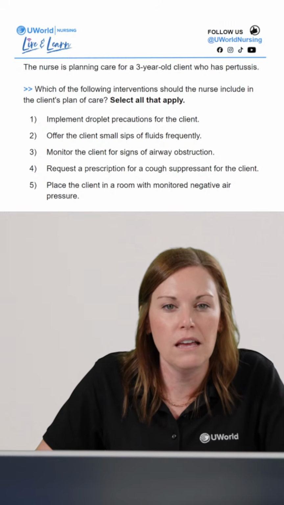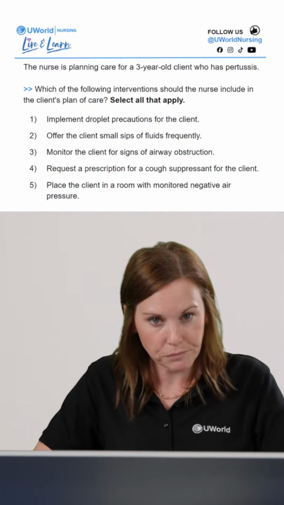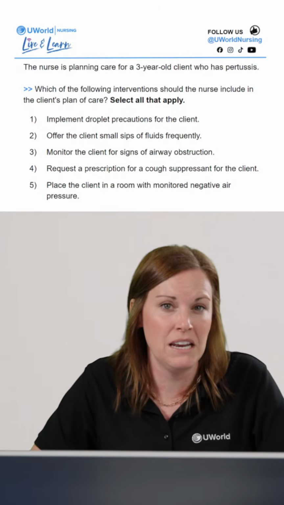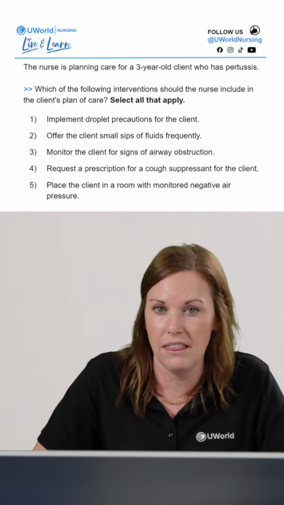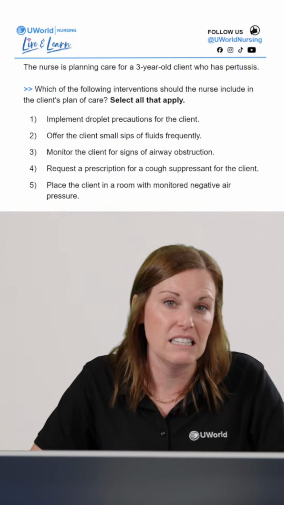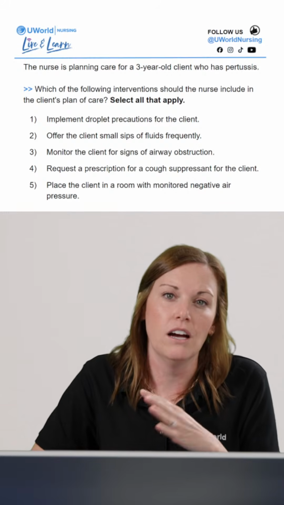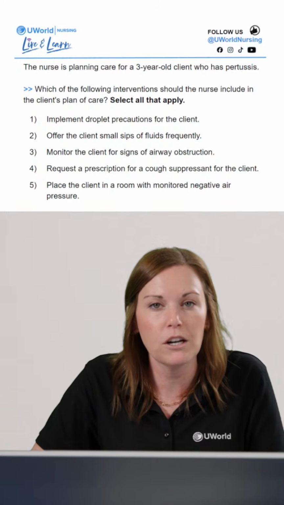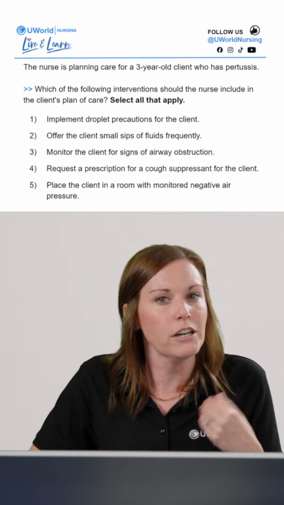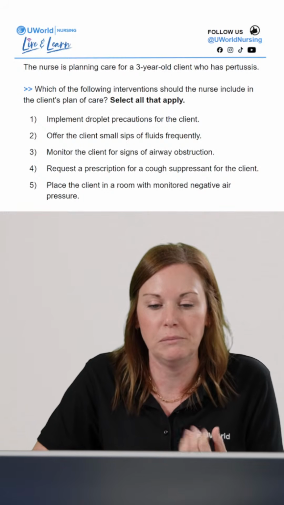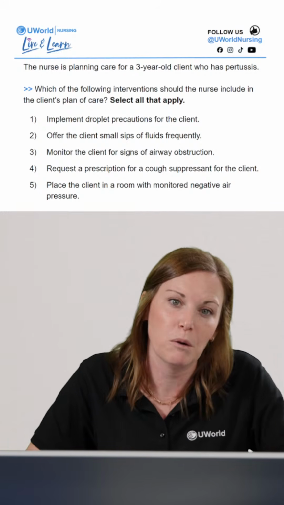Option 5 is place the client in a room with monitored negative air pressure. This is a false statement, and I would say this is probably a close distractor that some of you might think would be a correct answer, but it's not necessary. We don't want to read into this. We know that a client on droplet precautions needs their own room, but they don't need a negative pressure room. Negative pressure is reserved for things like tuberculosis, anything that is an airborne precaution.